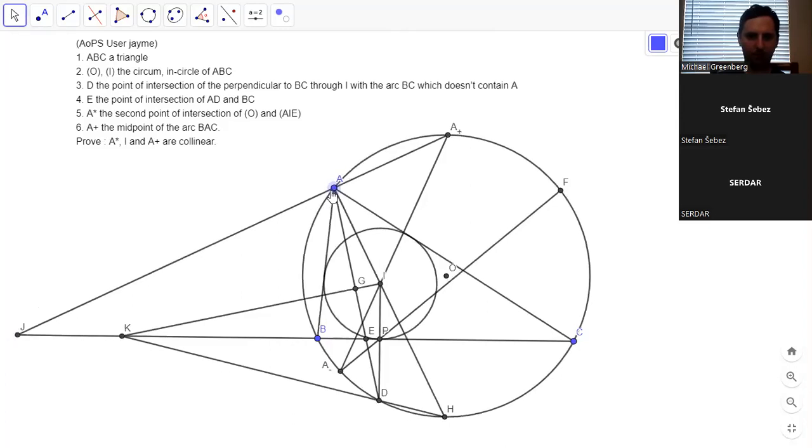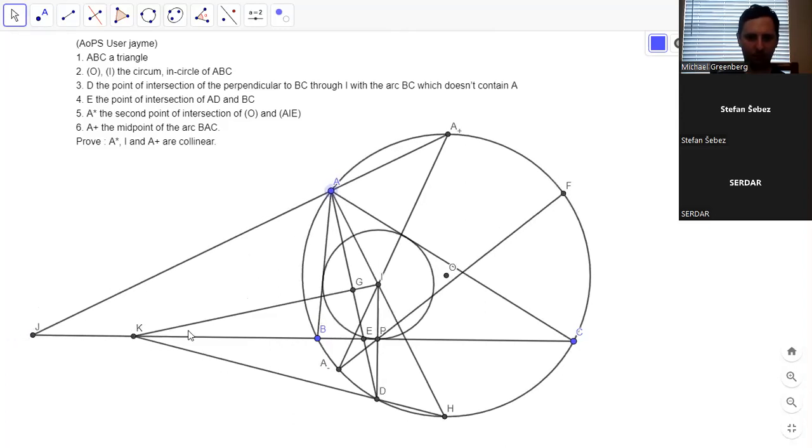If we prove that they intersect at K, then we are done because it implies IE is parallel to A plus D. Ah. Is E the orthocenter? So E is the orthocenter if we know they concur. So yeah, that would prove it. Okay, so we have to show that these three concur.